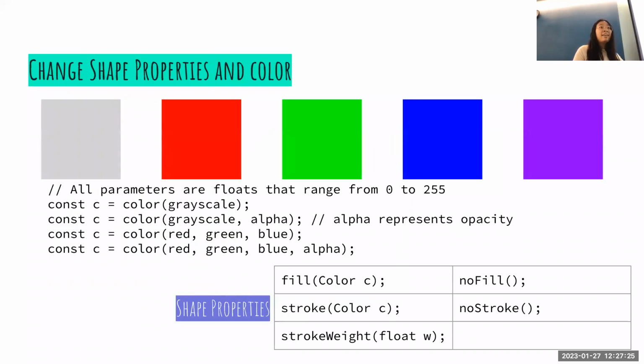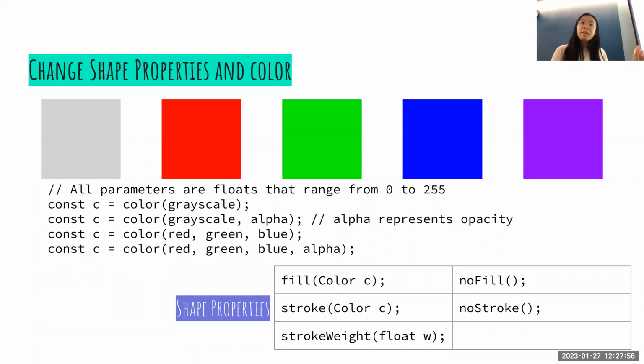So let's change that. Let's have something more fun. All the parameters you'll see here for color are going to be floats that range from 0 to 255. This is how you would initialize a color, but we're going to see how we're going to put that in. So let's try to change some colors.